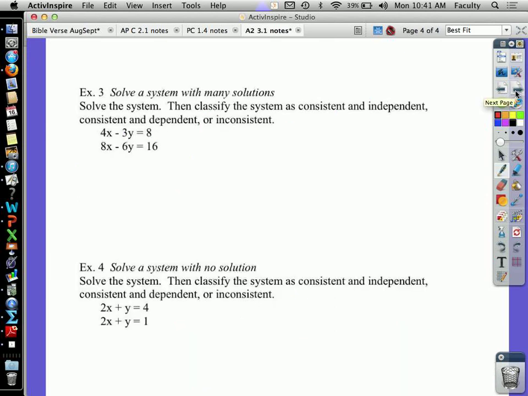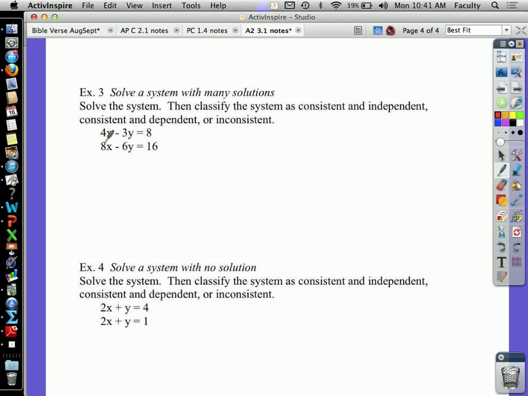Alright, now, if you have a system with many solutions, let me show you how you can solve this. I'm going to jump ahead a little bit on tomorrow's lesson, but it's a review from Algebra 1. Do you remember the elimination method, where you could multiply one or both equations to eliminate one of the variables?